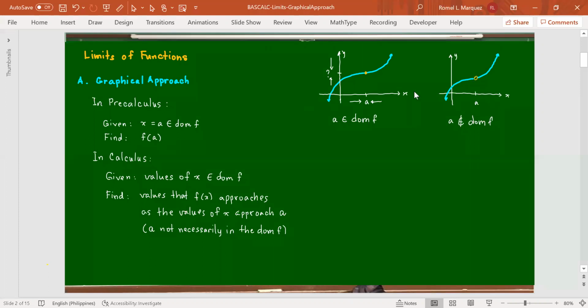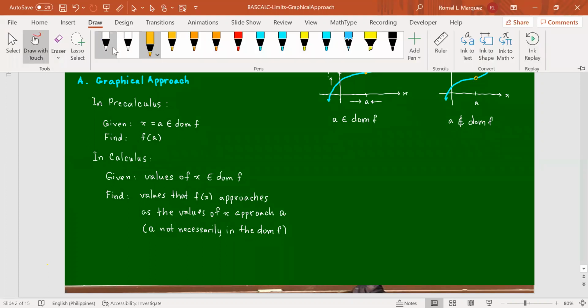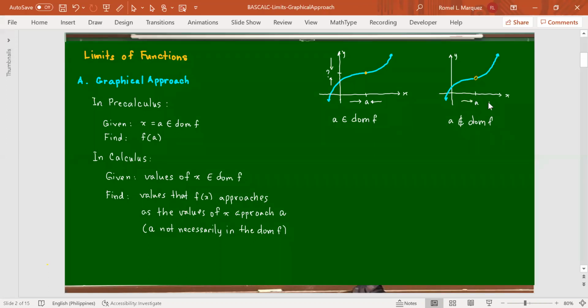Okay? So meaning there's a hole there. Now, as I travel along the curve approaching a, either from the left or from the right, where does f of x tend to go? Okay? So this is what we are interested in. So whether that a is in the domain of f or not, can we attain this value? Okay, so that's our goal.